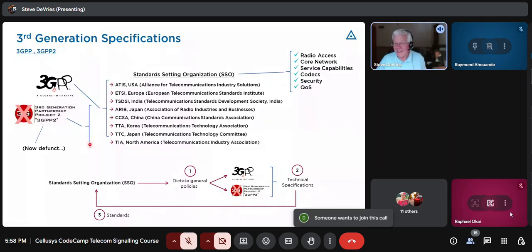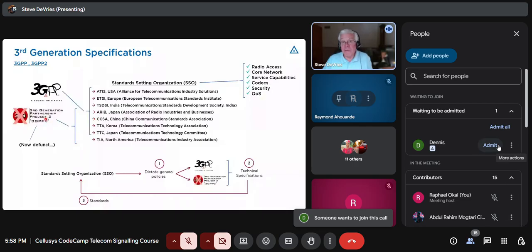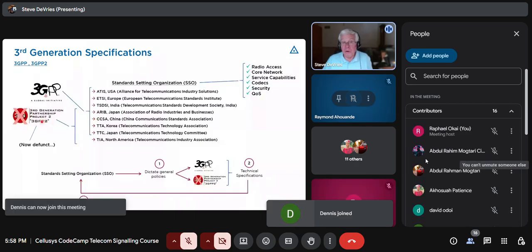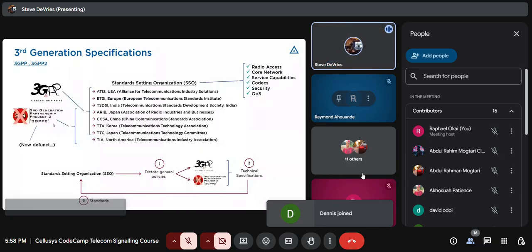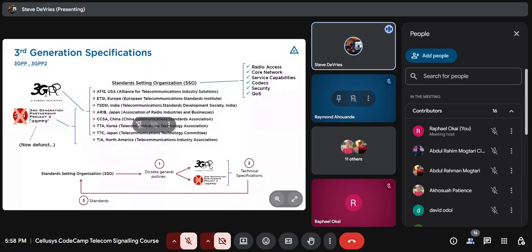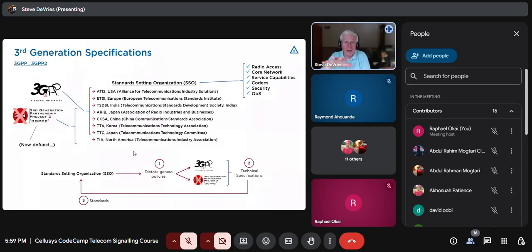So you had two different standards groups. You had 3GPP2, which was following the second generation to third generation standards that were in North America primarily. And then you had 3GPP, the Third Generation Partnership Project. That was the GSM side, and GSM went to 3G. Now this one today is defunct.